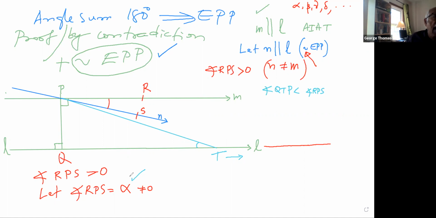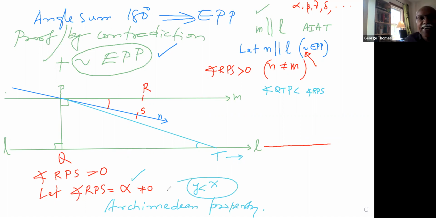Then I can construct an angle smaller than this by moving that way. That's actually called the Archimedean property of real numbers. Archimedes. Given a real number, there exists another number smaller than that. Obvious, isn't it?